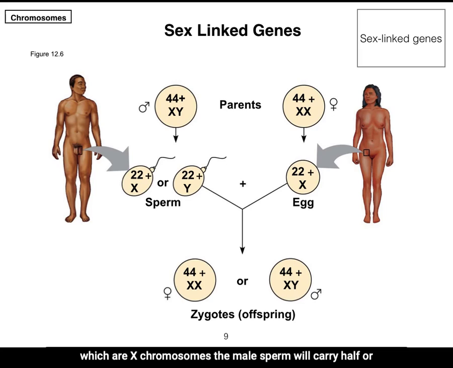The male sperm will carry half, or 22 autosomes, and either an X or a Y sex chromosome. Additionally, the egg will carry 22 autosomes and a single X chromosome. Once fertilized, the zygote that is produced will have 44 autosomes and either an XX or an XY set of sex chromosomes.